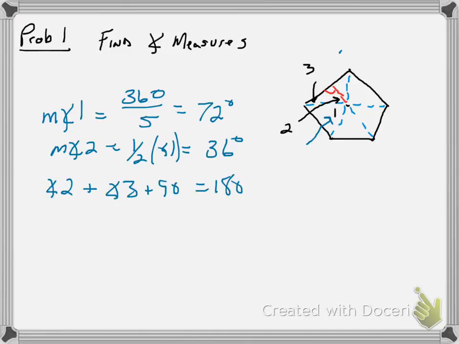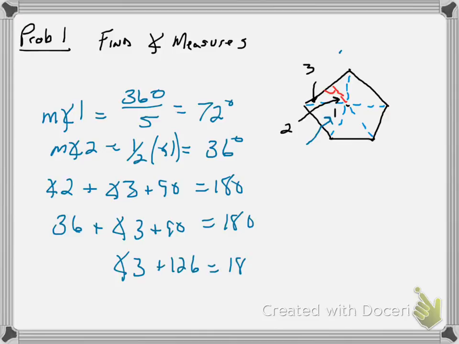Because it forms a triangle. Okay, so we end up with 36 plus angle 3 plus 90 equals 180. And you solve. Combine like terms, 90 plus 36 is 126. 126 plus angle 3 equals 180. Subtract 126 from both sides. You get angle 3 to equal 54 degrees.